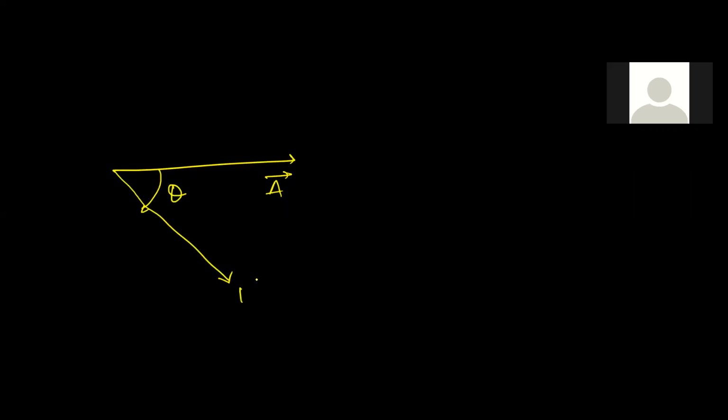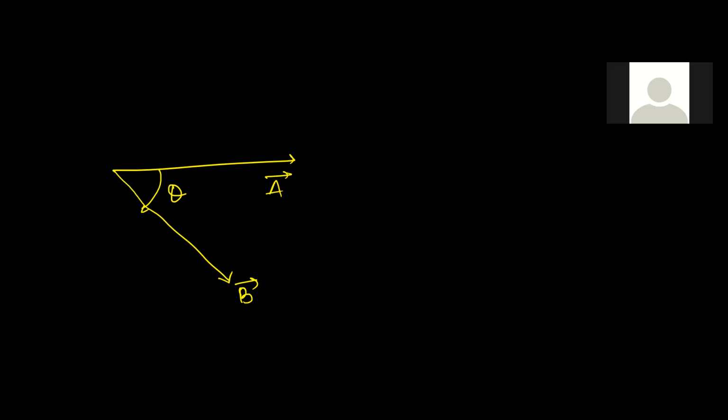So now we can say this is the B vector, right? Initially A vector was in the horizontal position, and the B vector also. That means both vectors were along the horizontal axis, but after some time, B vector is displaced by an angle of theta.